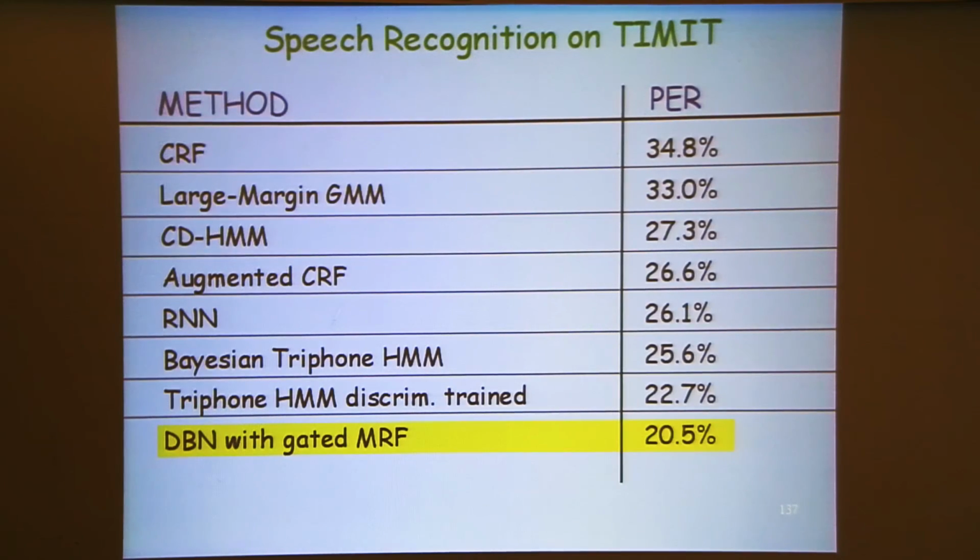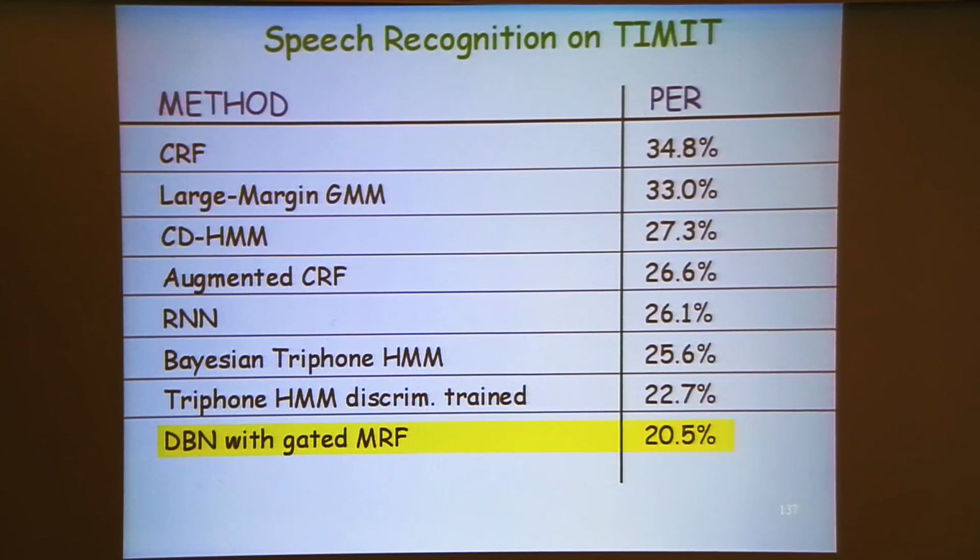So this is the performance of different methods on the TIMIT dataset, which is a standard benchmark for predicting the phones. And this was a result published a couple of years ago. It was a real breakthrough because we were able to improve by a large margin the best previous method.